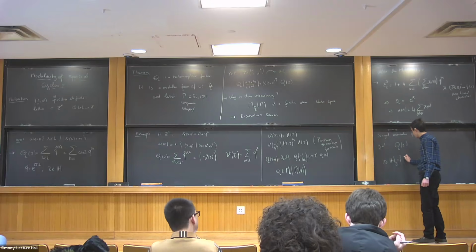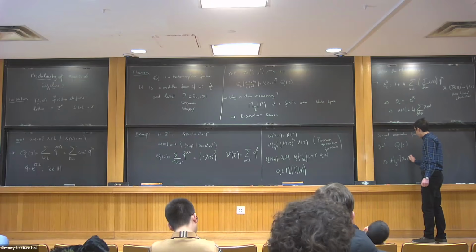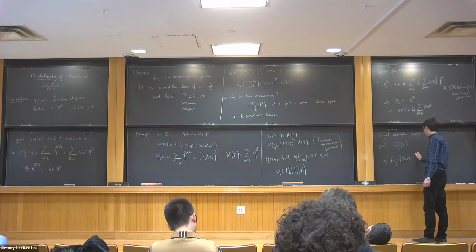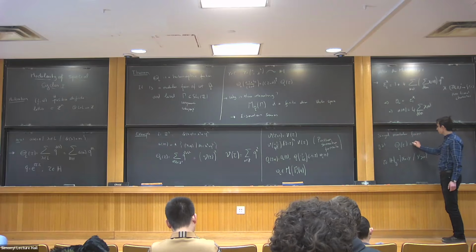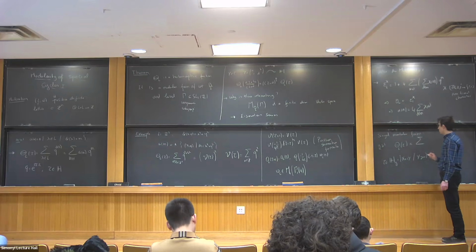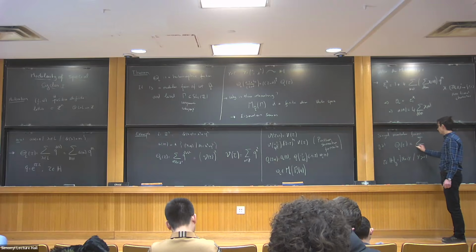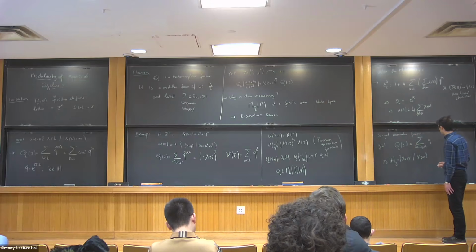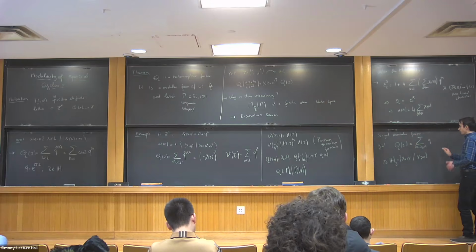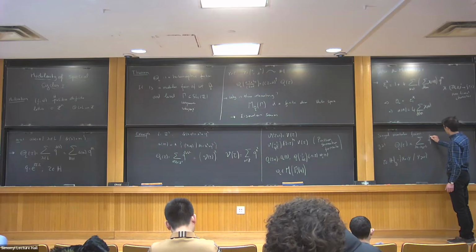These are matrices x plus i y, which are symmetric, and y is positive definite. And this is defined as the sum over all g-tuples of vectors in the lattice L of q to the power of a matrix. I will write it out to say exactly what I mean.